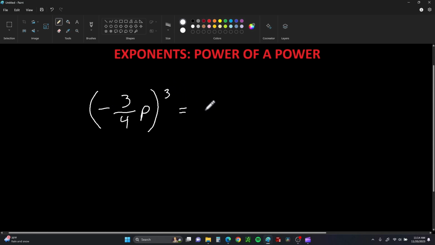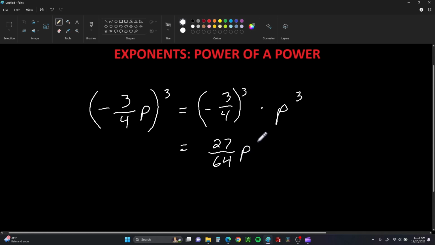So first, each one of these has to be treated as if it's minus 3/4 to the 3rd power and times p to the 3rd power. So this piece over here can't be further simplified, but this can. So 3 to the 3rd power is 27, and 4 to the 3rd power is 64. And I'm just going to bring down the times p to the 3rd power.